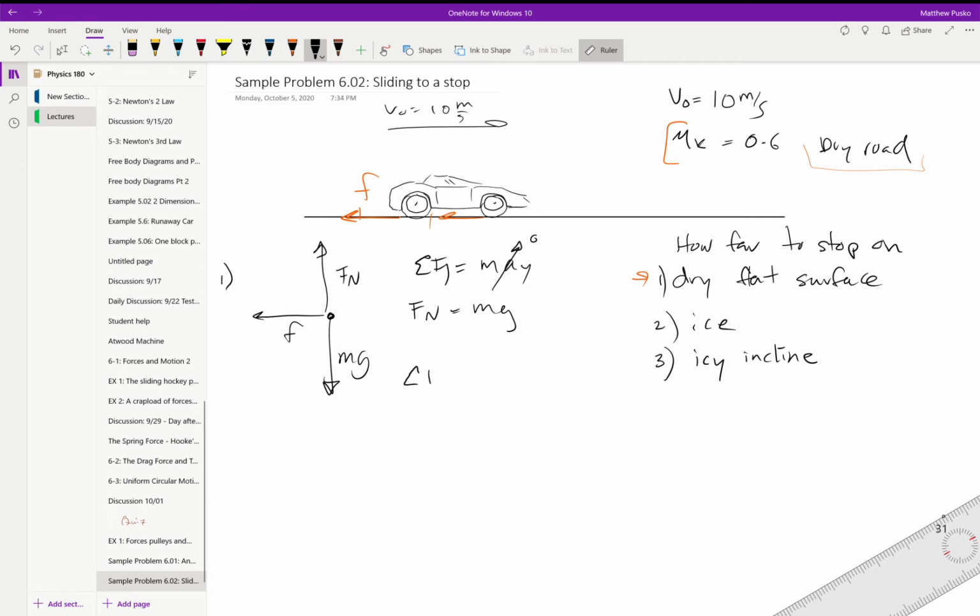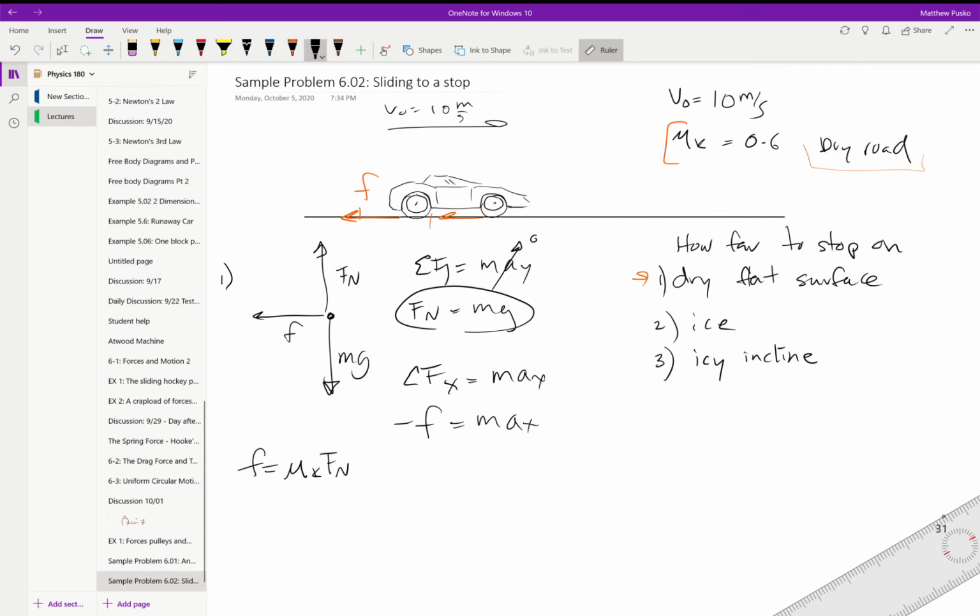If I sum the forces in the x direction, I get the mass times the acceleration in the x. Now all I have is a force pointed backwards of friction, and that's going to equal our mass times the acceleration in the x direction. We can substitute the fact that the frictional force is equal to mu k times the normal force.